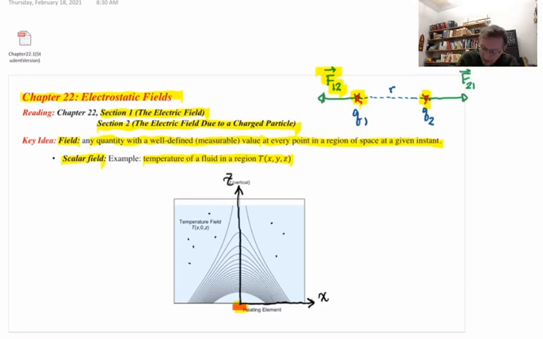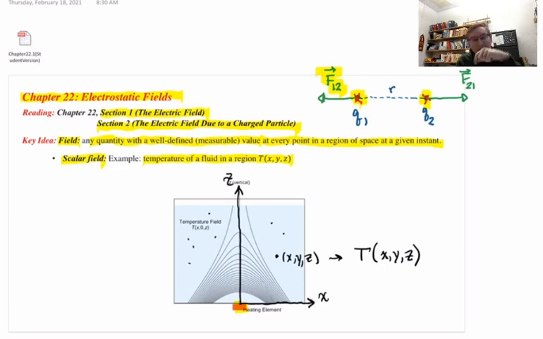And so any given point, like right there, has some set of coordinates, x, y, and z, to tell you where the point is. And then you can put your temperature probe there and measure the temperature at that set of x, y, z.